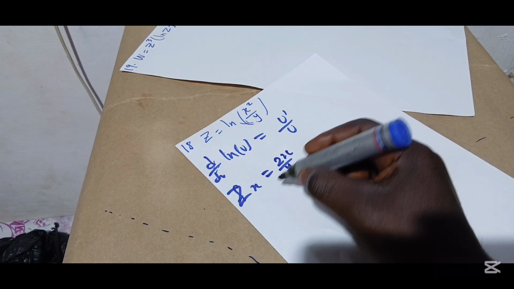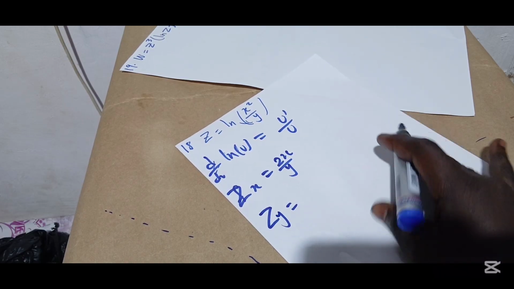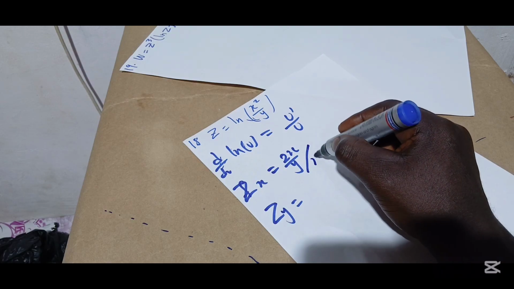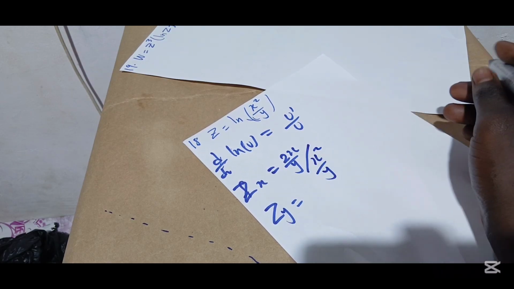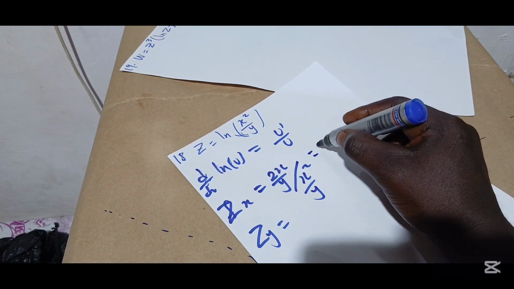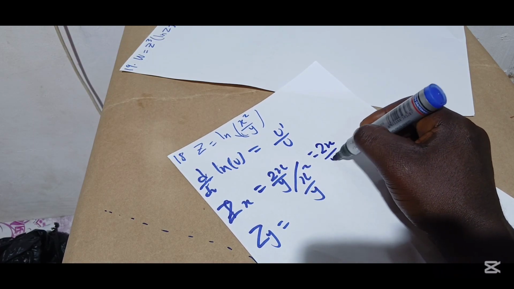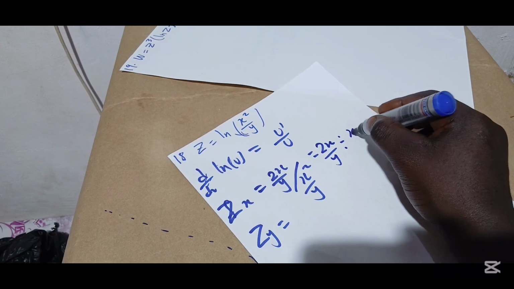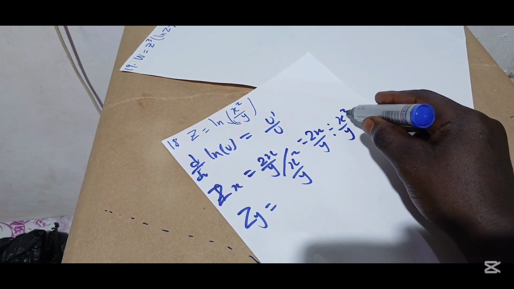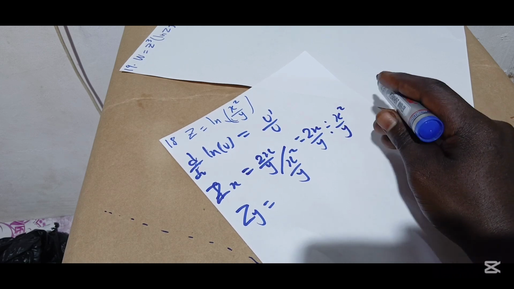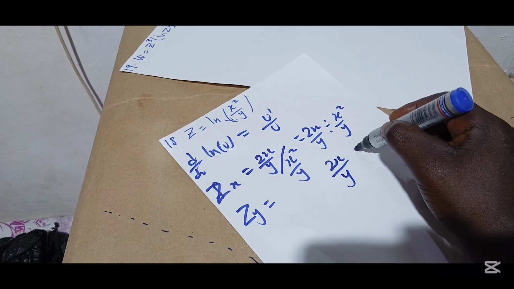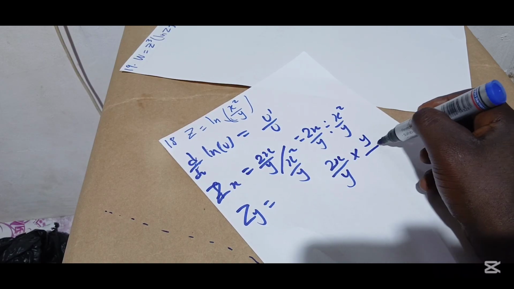So for zy, we have to differentiate. We have to divide all of this by x squared over y, right? So this can also be represented as 2x over y divided by x squared over y. So to turn this upside down, we can bring a multiplication sign, and then turn this upside down.